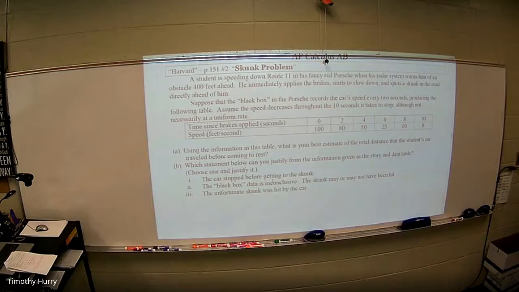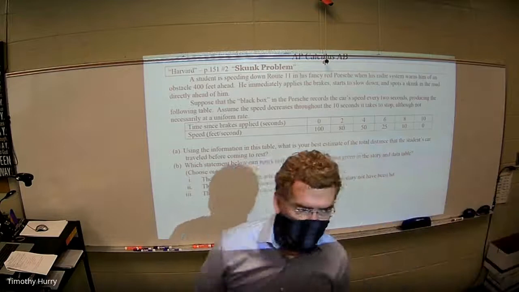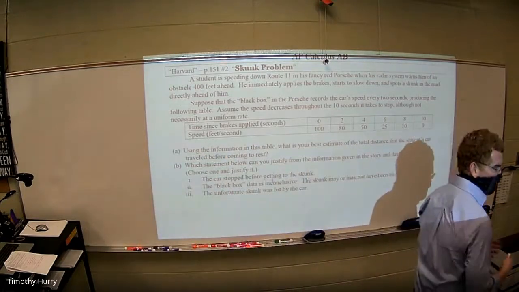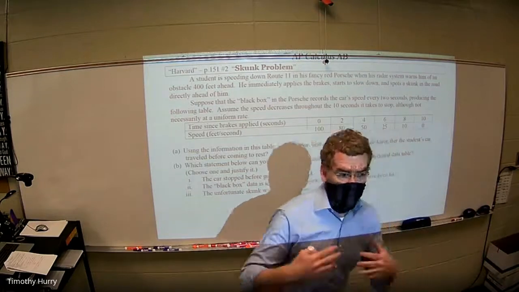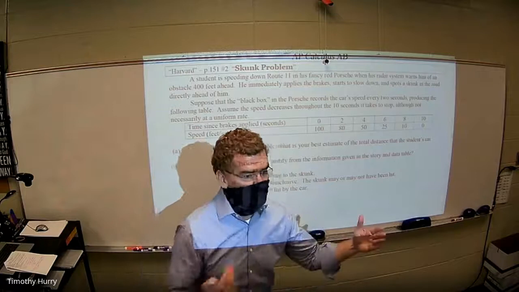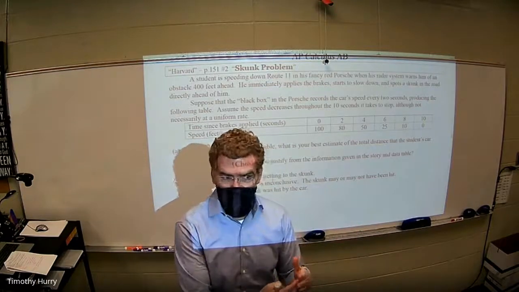I'm just adding up a bunch of positive values. But if I have a velocity equation where I'm going positive and then back negative and then positive and then back negative, I'm going to be accumulating positive distances and negative distances, and they're going to give me a smaller change in position. So remember that.